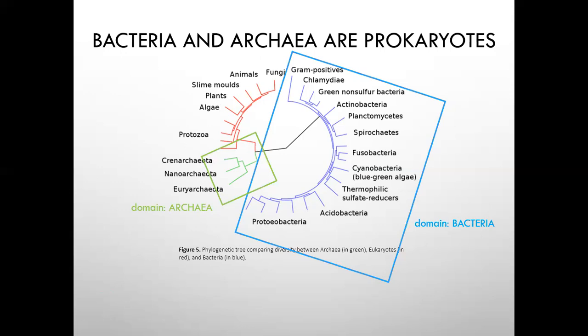Really basic, but we can get lost at this level trying to decipher what's an archaea and what's bacteria when we get further along talking about some of these different groups. So just keep in mind that bacteria and archaea are prokaryotes.